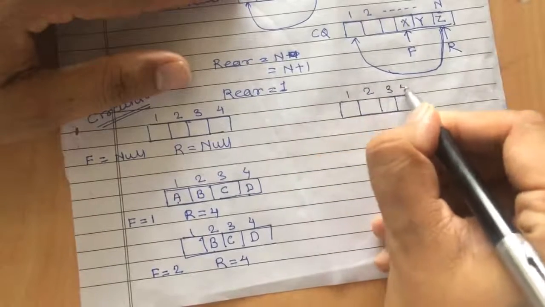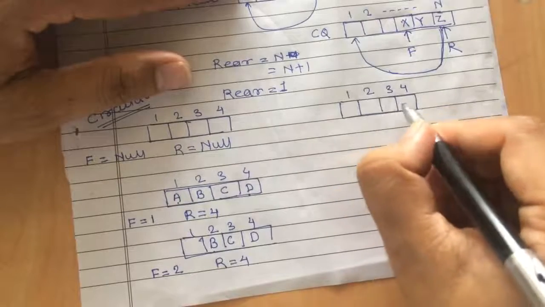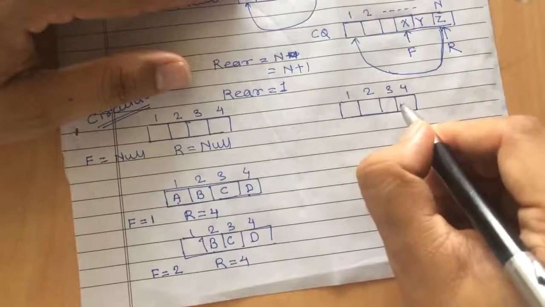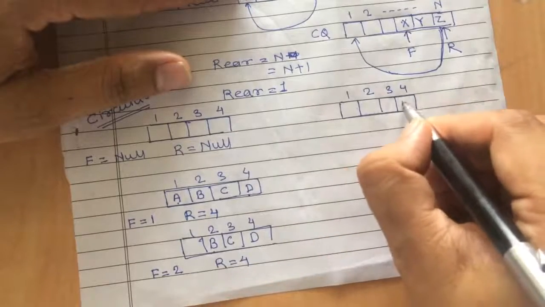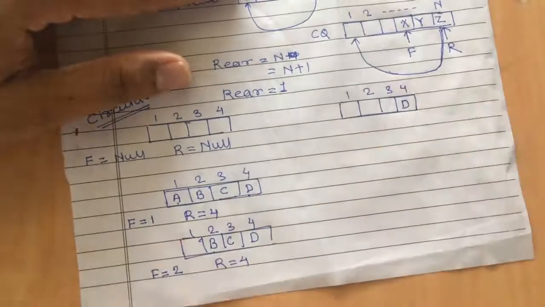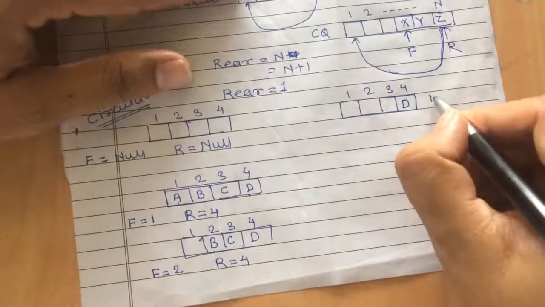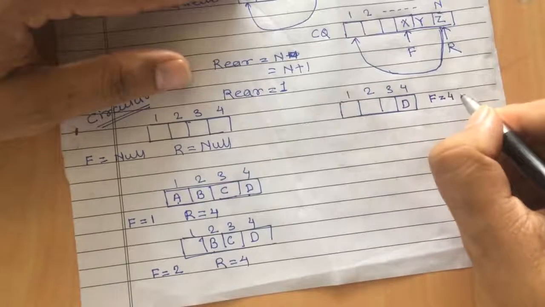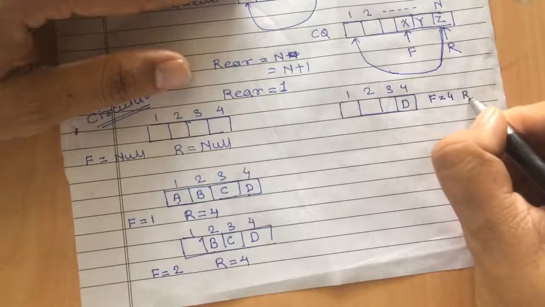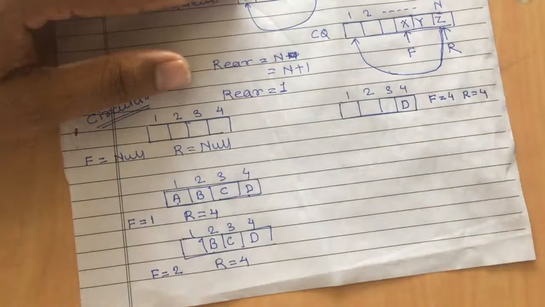Initially I already removed A, now I remove B and C. After removing B and C, only one element is present at the end.